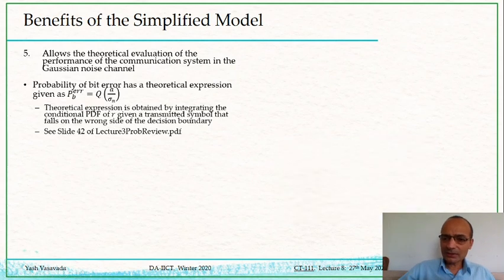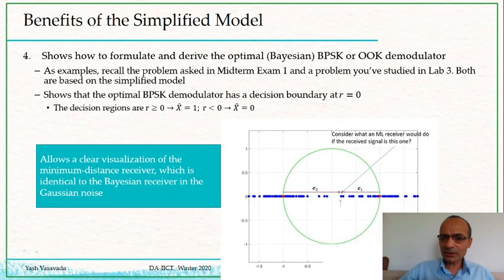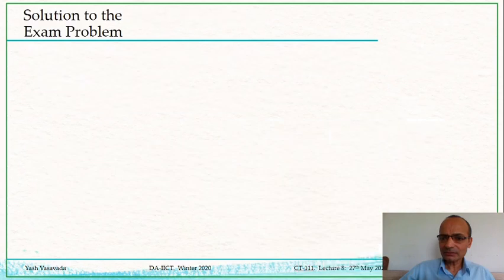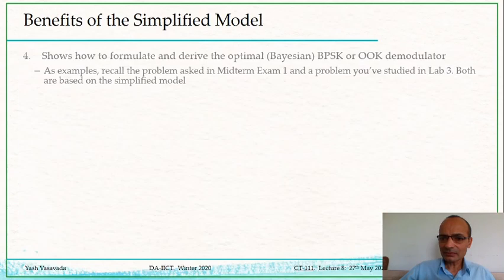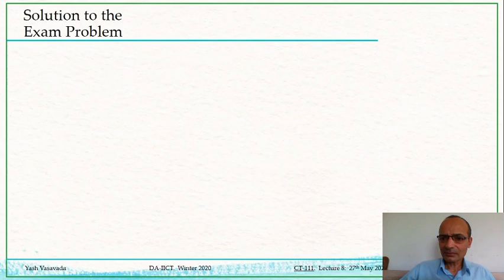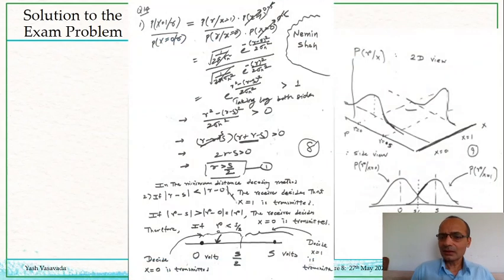And you will recall these conditional distributions that we were drawing here. The conditional distribution of R given a particular transmitted symbol is Gaussian shaped, and the probability of error is the area under this Gaussian PDF which falls on the wrong side of the decision boundary.